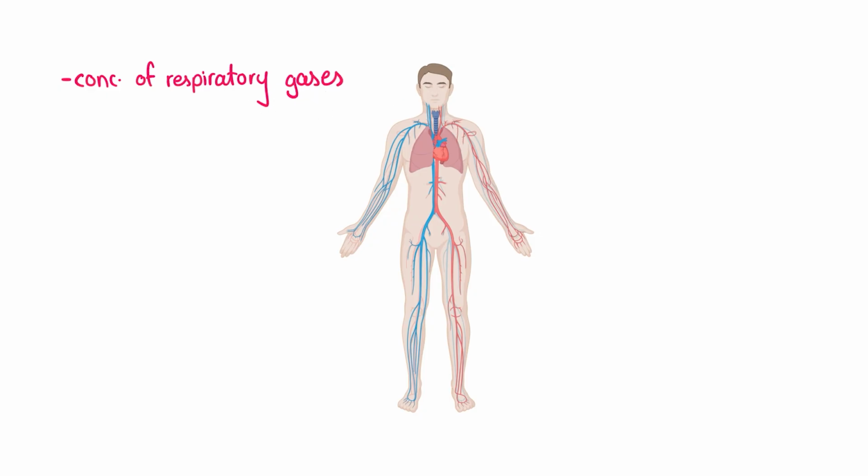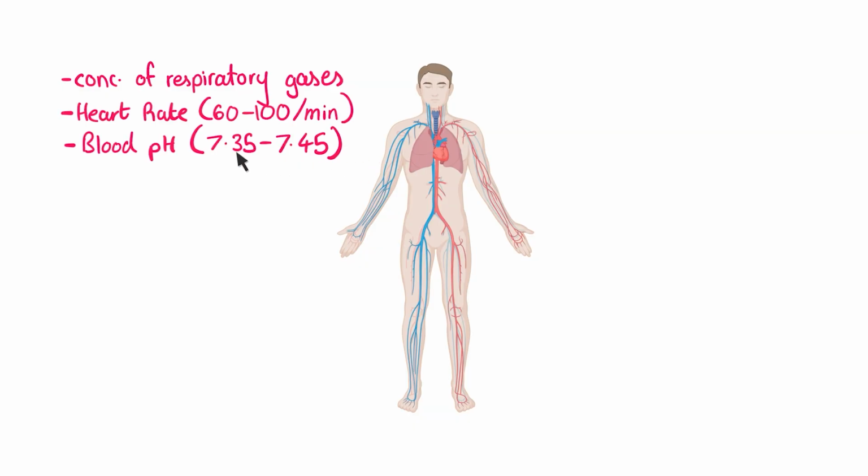This is important to make sure that enough oxygen can be delivered to your tissues and carbon dioxide can be removed. Just like these, some other things that are maintained within a certain range or optimum are things like your heart rate, which is maintained between 60 and 100 beats per minute, and the pH of your blood, which is maintained between 7.35 and 7.45.